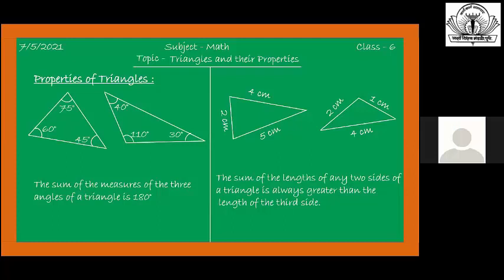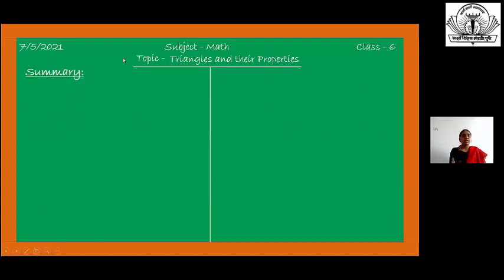Yes, ma'am. Every triangle will satisfy these two properties. If we call it a triangle, these two properties have to be satisfied by it. So if you take any triangle and check these two properties, it has to satisfy them. Now we summarize what we have studied in today's class.